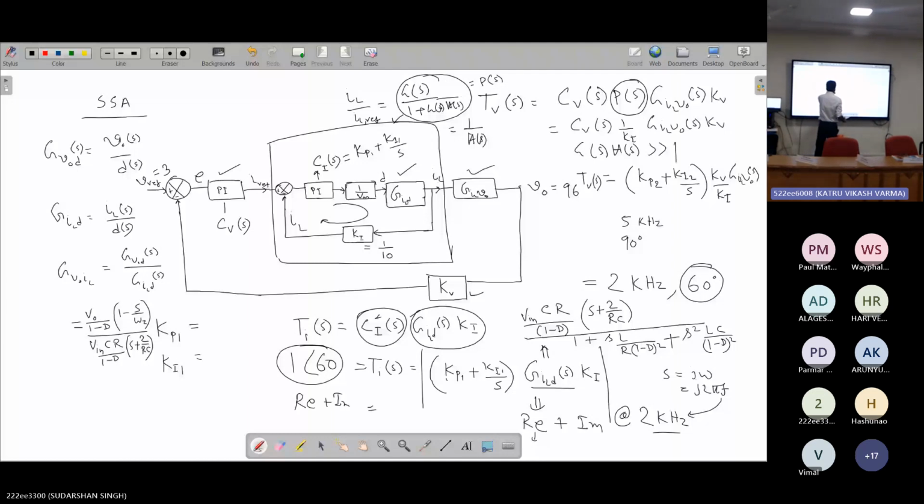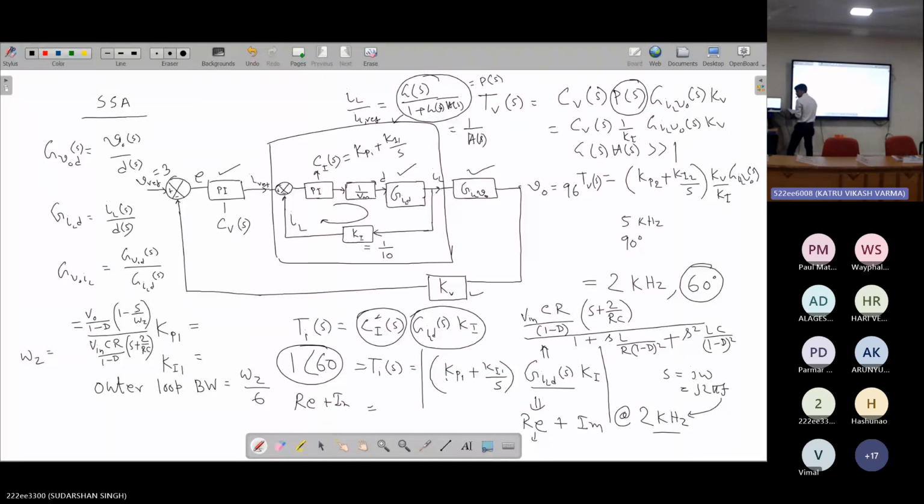the outer loop bandwidth that we have chosen is basically omega z by 6. And our omega z was approximately, what is the numerical value?